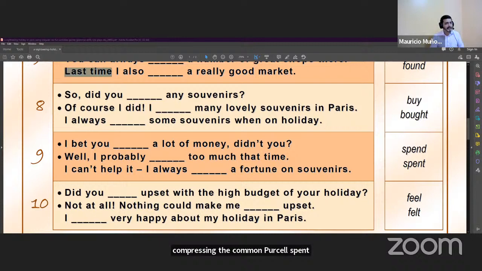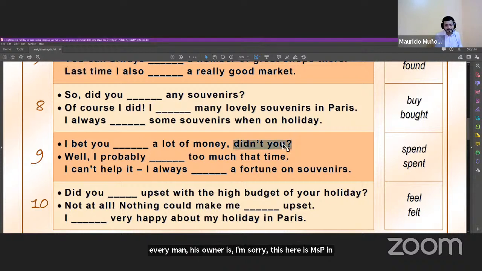It is the sound of the D and T. In number 9, the first one must be in the past because of didn't you. We have the auxiliary, and it is part of the whole sentence. Literally it says, I bet you spent a lot of money, didn't you?